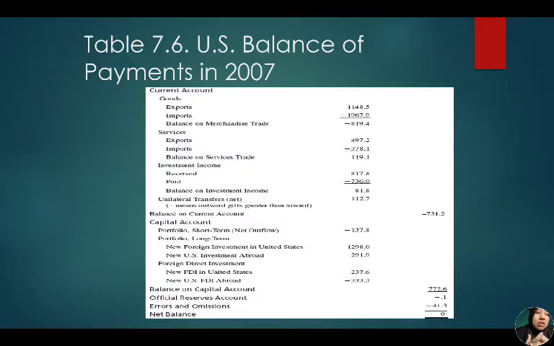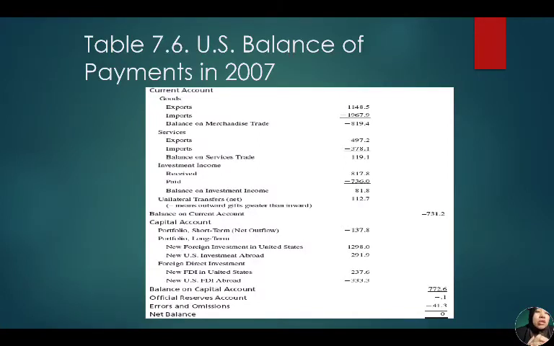However, in the US, as we can see here, there is a negative sign for the current account of goods, where they imported many goods compared to exports. That's why they have a negative 119.4, minus.